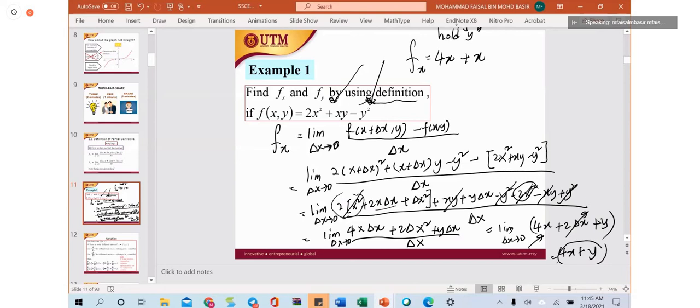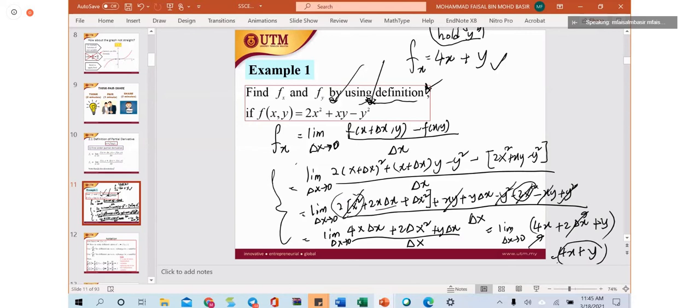You differentiate x you get 1, differentiate 2x squared you get 4x. Differentiate y squared will be 0, because we treat the y as a constant. So we can directly get the answer. But if the question asks you to use the definition, you have to apply this limit and show all the steps.